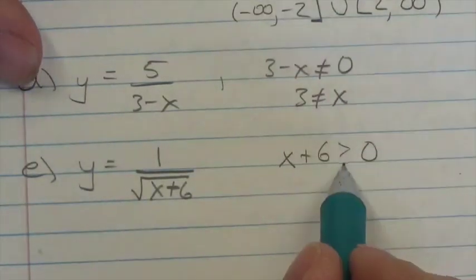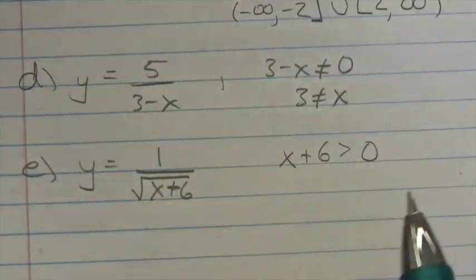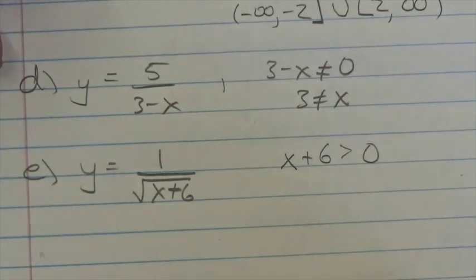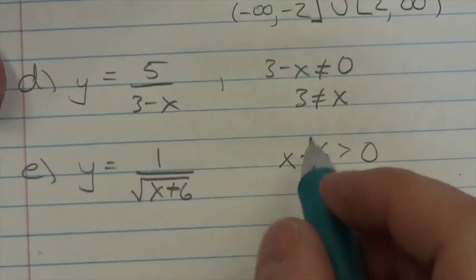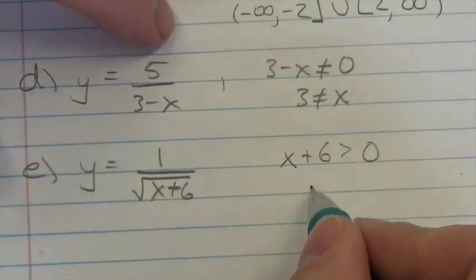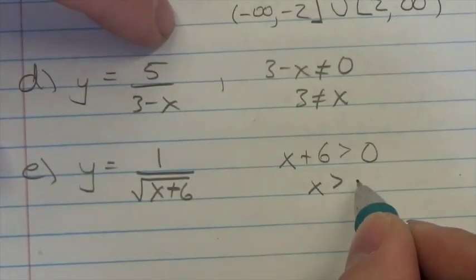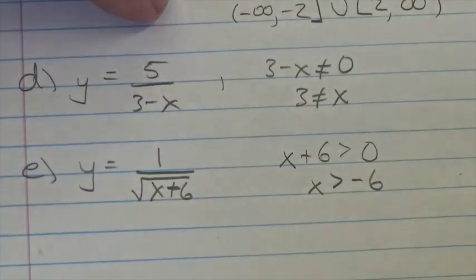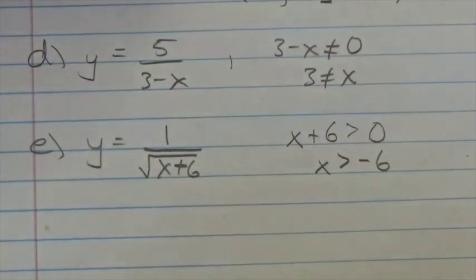So there's an added restriction that x plus 6 must be greater than 0. I don't have the option of being equal to 0, and if I isolate the x in the inequality, I'll get that x is larger than -6. And that's the domain restriction I'm looking at.